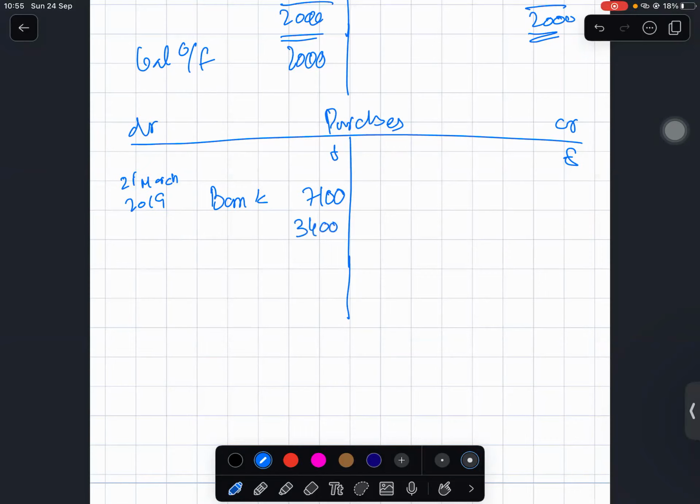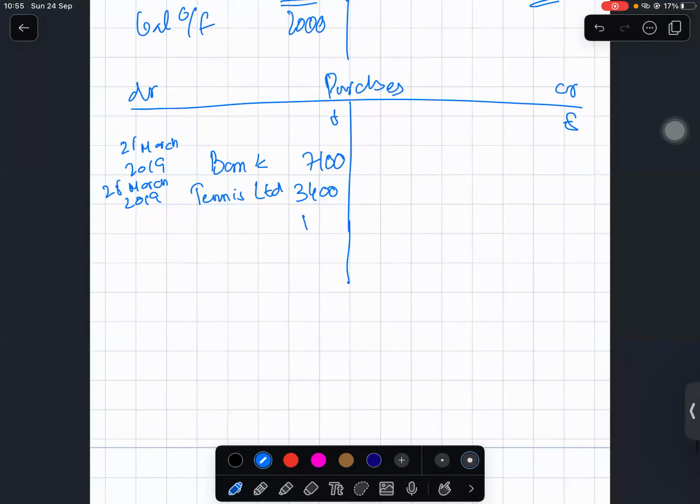Again, it was on the same day, but over here we will not write accounts payable. Instead, as we have been given the name of the account, we'll just write the name of the account, Tennis Limited. Does this make sense, Emily? Yes, sir. Okay, very good. And 1,500, Tennis Limited, and the date of the next transaction was 6th April 2019.